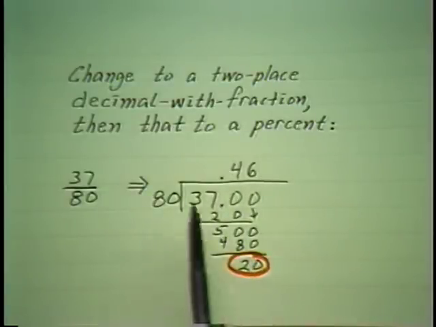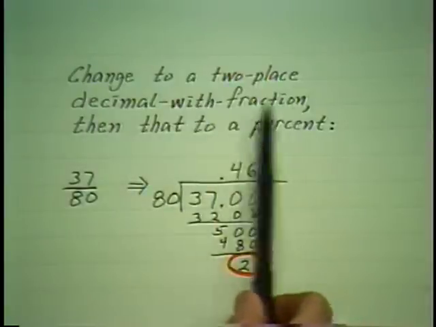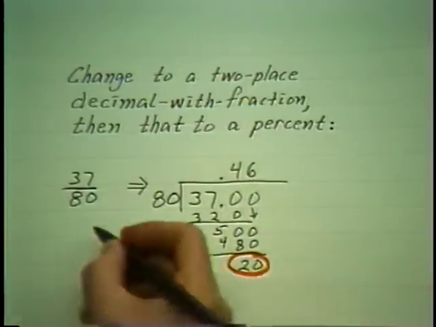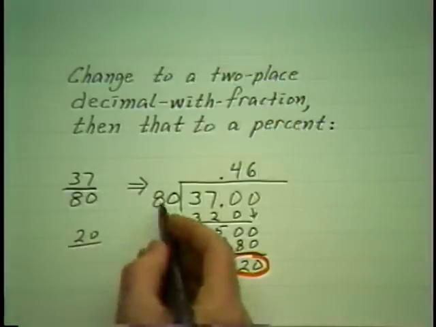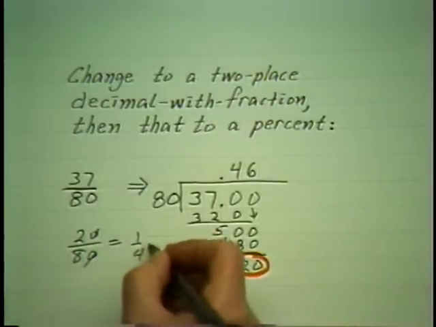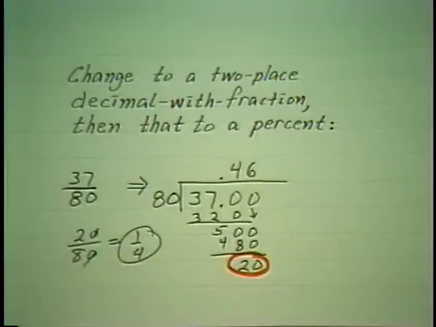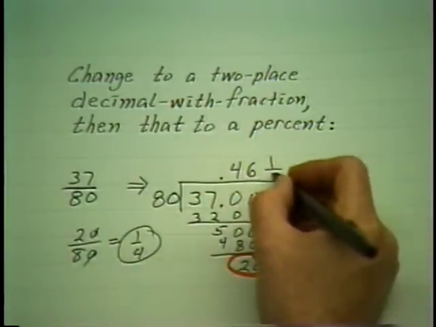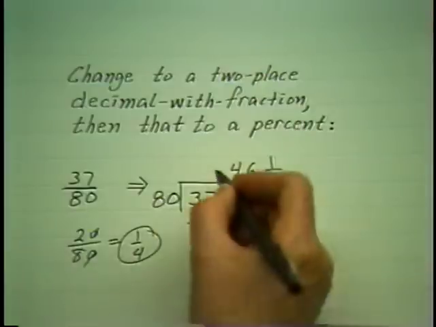But we want that remainder written as a decimal with fraction at the end of those 2 places. So I take my remainder, write it over my divisor, reduce it, and write that fractional quotient against my second place or hundredths place.